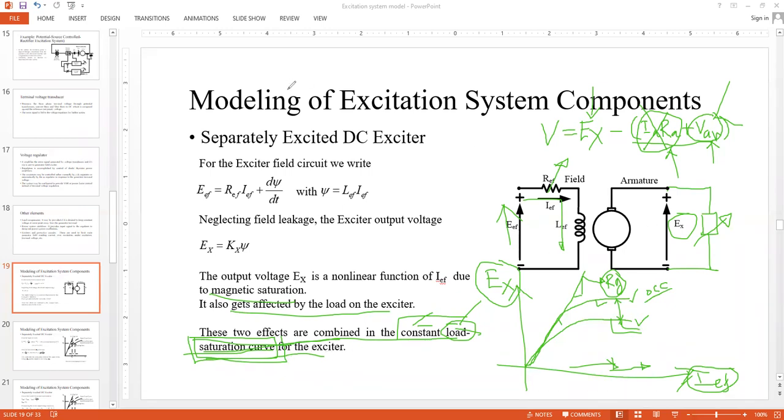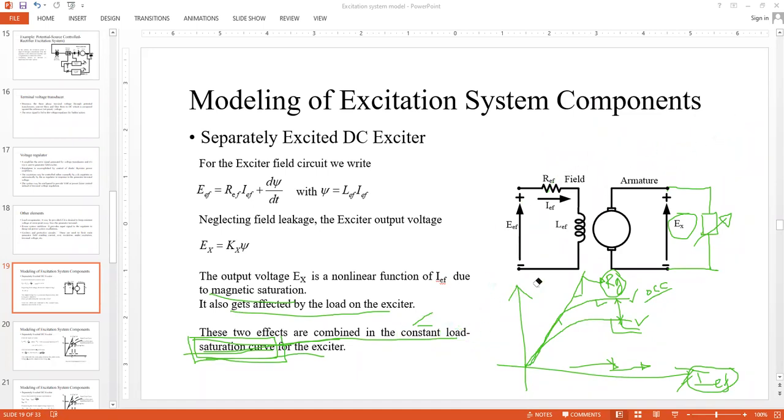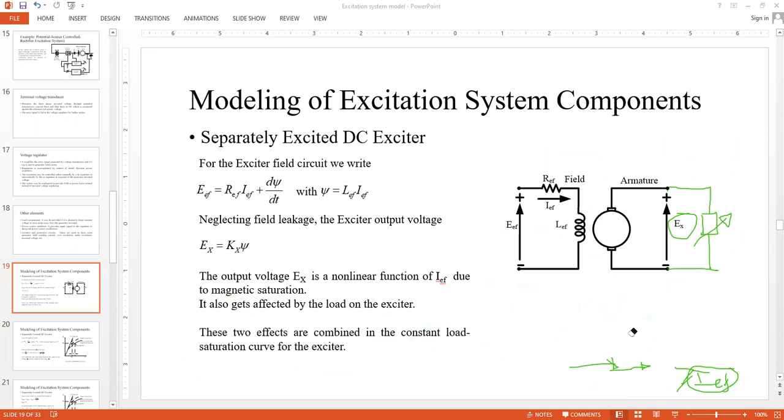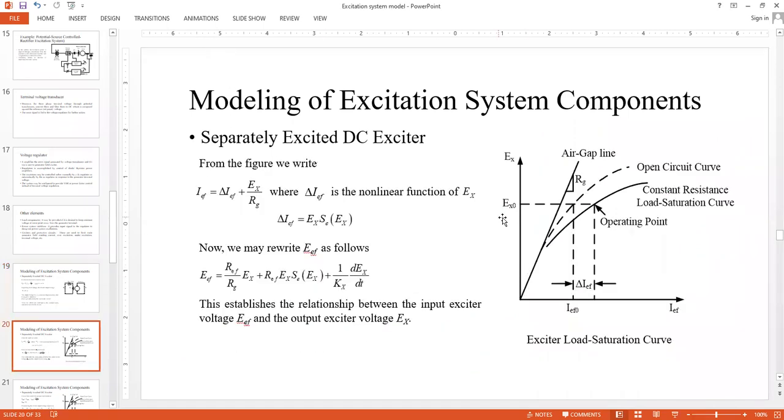And simply it's a separately excited DC generator. So thus we will get two curves. One is the OCC curve, another one is the constant load saturation curve. With these two curves, let's see how we are going to get the idea about the modeling. We continue with the modeling.